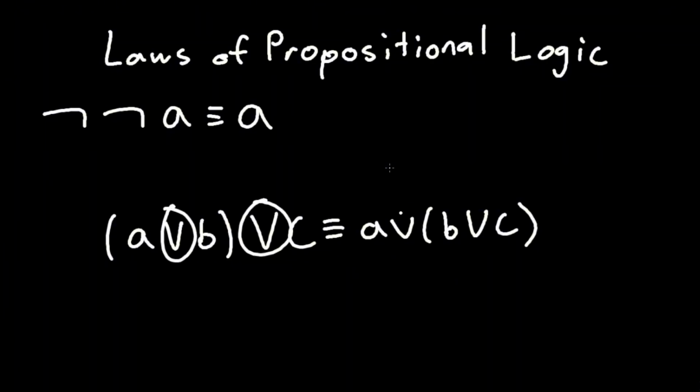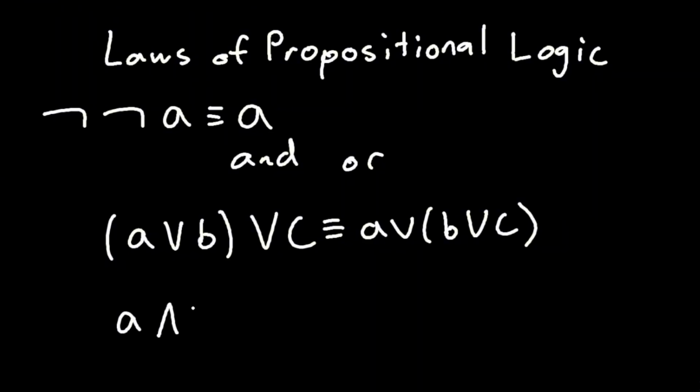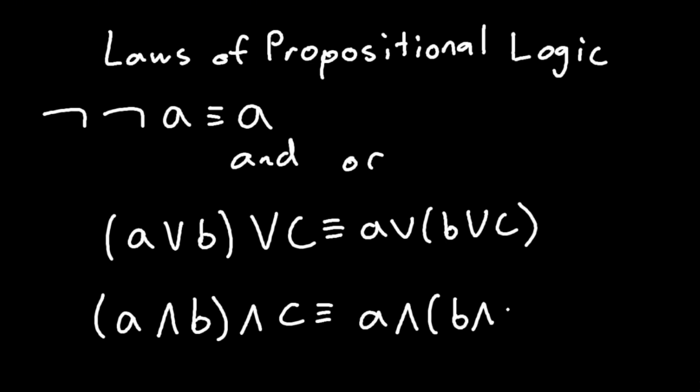All these symbols need to be the same, and they can only apply for and or. Only the and or logical operators. So this right here is an example of the or logical operator. Another example with and would be (A ∧ B) ∧ C and A ∧ (B ∧ C). This is the associative law.